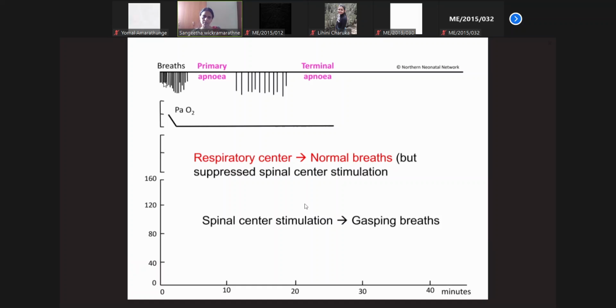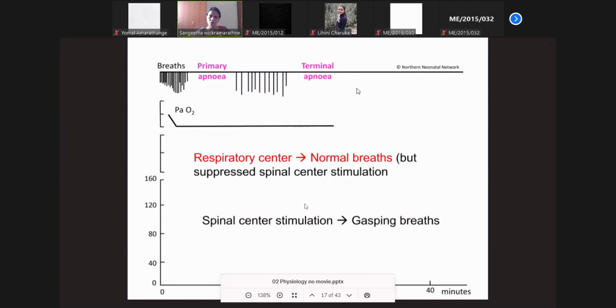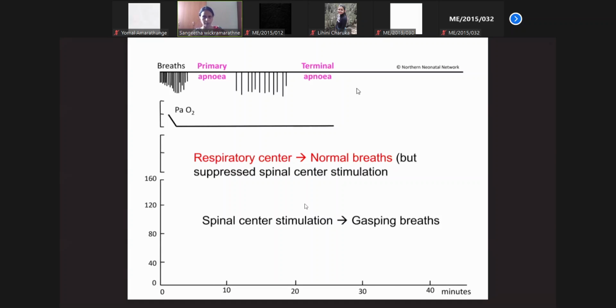Out of that, even cardiac support will be needed by less than 1% of babies. That means you just have to keep the airway open, and most of the babies will recover. Some babies might need additional respiratory support, and less than 1% might need cardiac resuscitation, right? So if you know what to do sequentially in an orderly manner, you can save a lot of babies, right? So just remember these things.